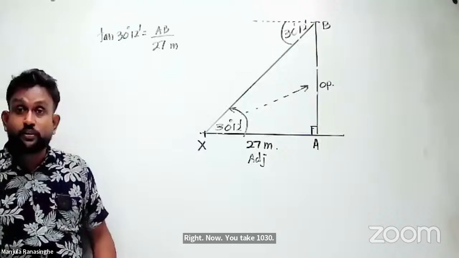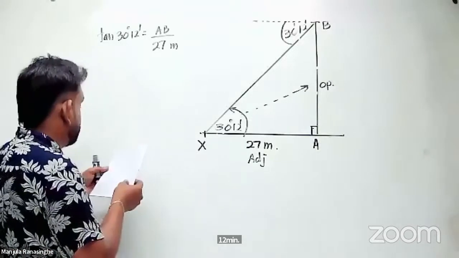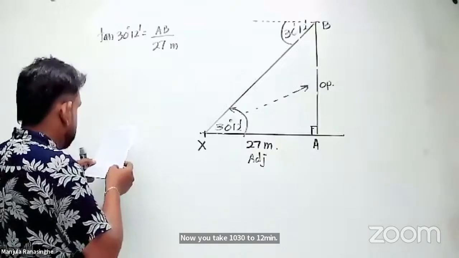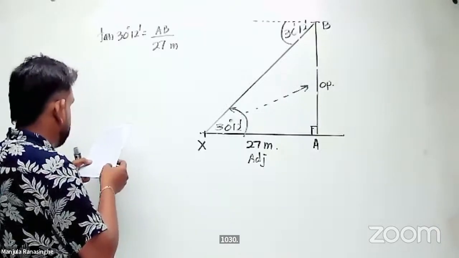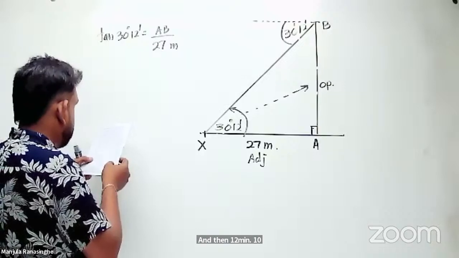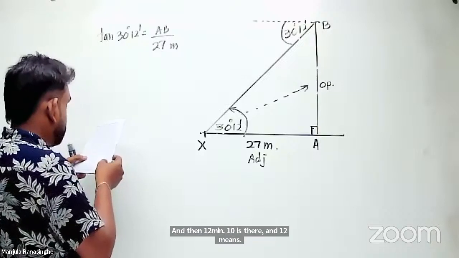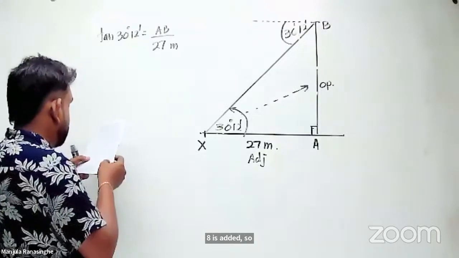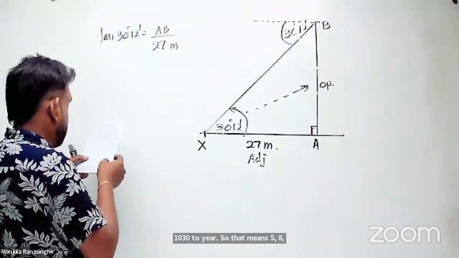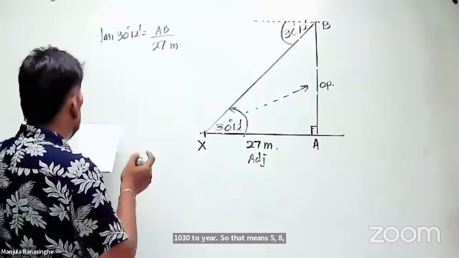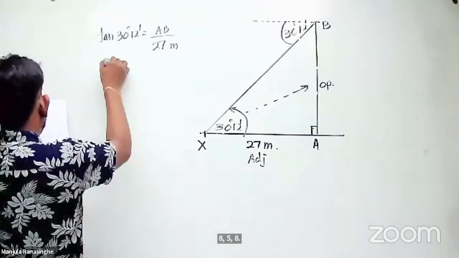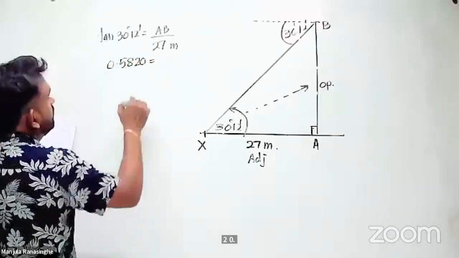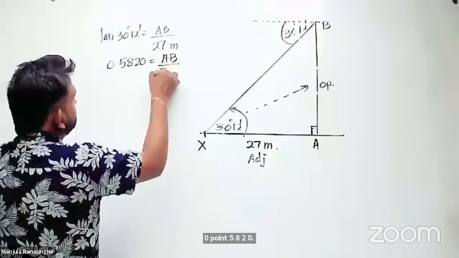Now you take tan 30 degrees 12 minutes. Tan 30 is 5774, and for 12 minutes, 46 is added. So 5774 plus 46 is 5820. So 0.5820 equals AB upon 27.